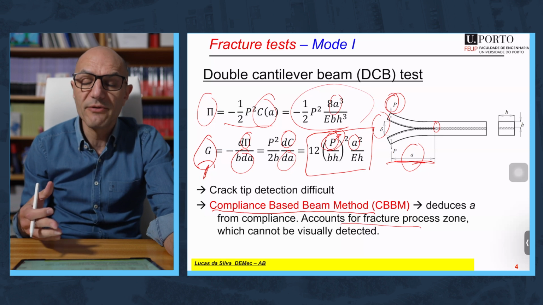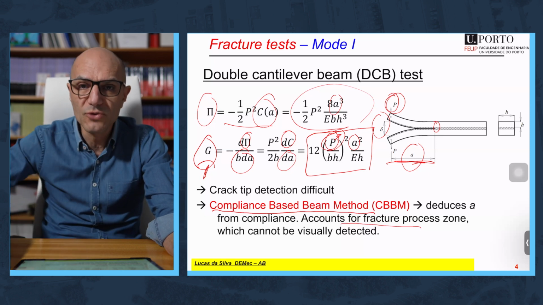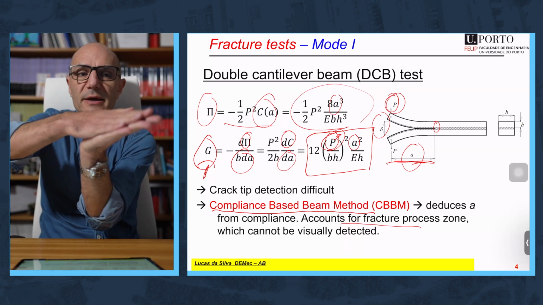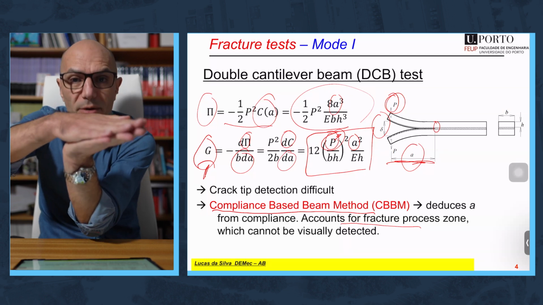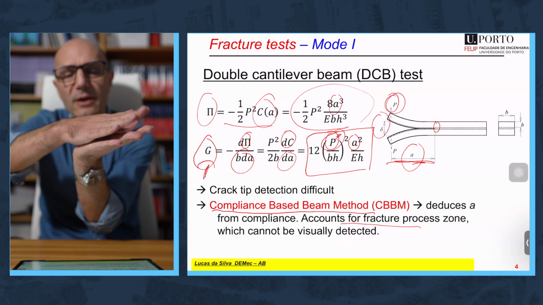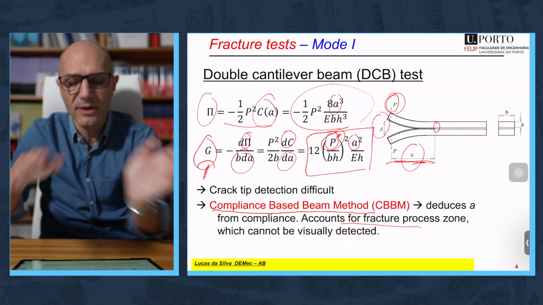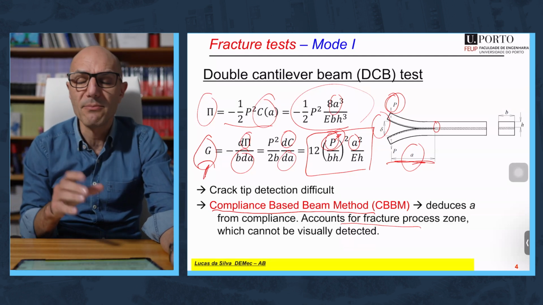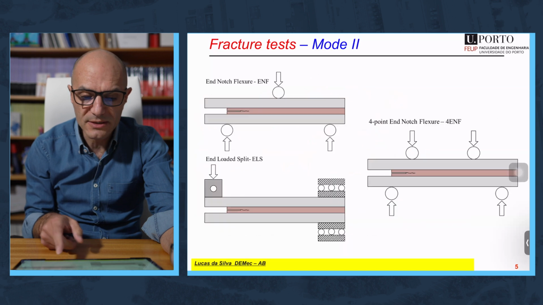This is especially relevant in mode 2, because in mode 2 the two arms are against each other, and it's even more difficult to detect the crack tip. In mode 1 it's easier, but in mode 2 really a nightmare. So the CBBM makes really sense when you test in mode 2.